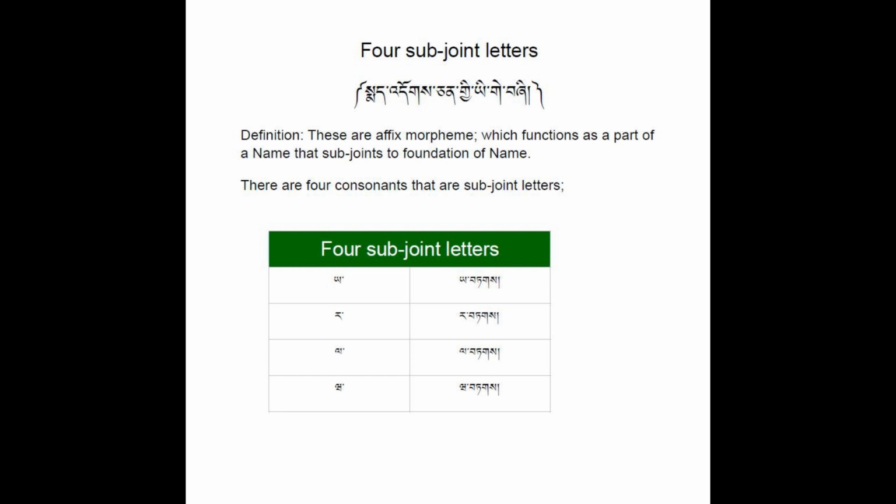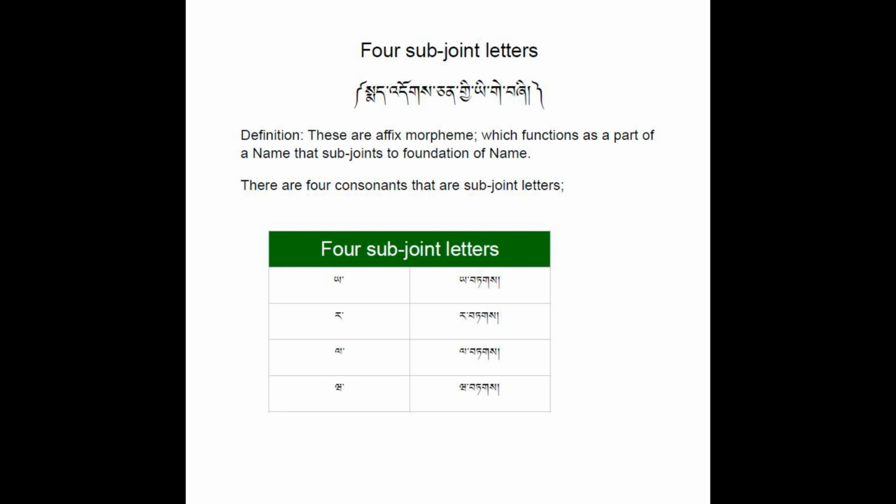These affix morphemes, the subjoined letters, join to a foundation of name from the bottom, so they are sometimes also known as the footer letter. Footer in the understanding that they are used as the foot of a letter, or known as subjoined letter.